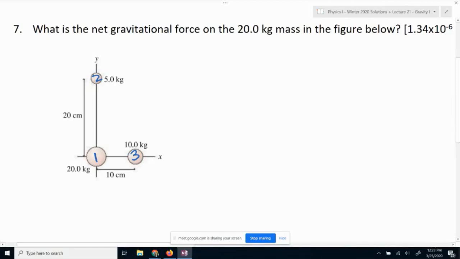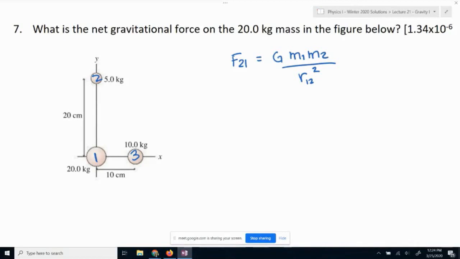So does the force that 1 exerts on 2 differ from the force that 2 exerts on 1? No, think of the equation. The force that 2 exerts on 1 is G times mass 1 times mass 2 over the distance between 1 and 2 squared. Whether I'm talking about the force that 2 exerts on 1 or the force that 1 exerts on 2, the numbers would be all identical, right? And this is the action-reaction pair, equal and opposite.